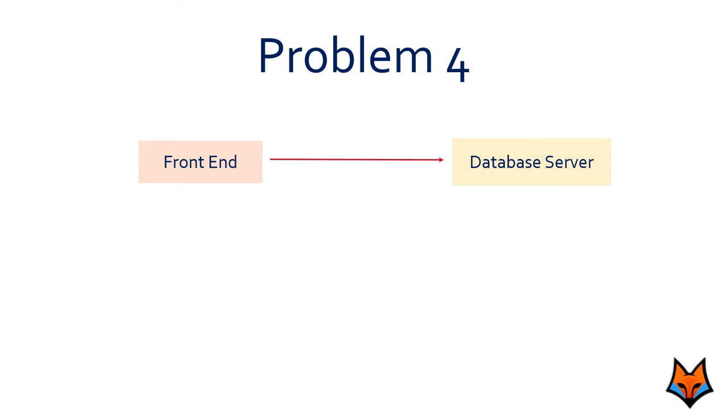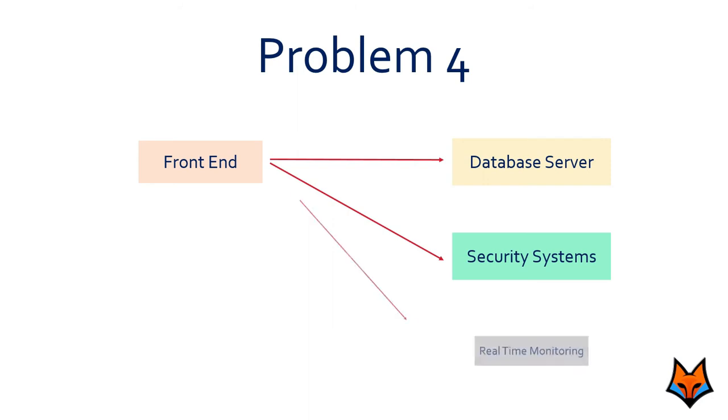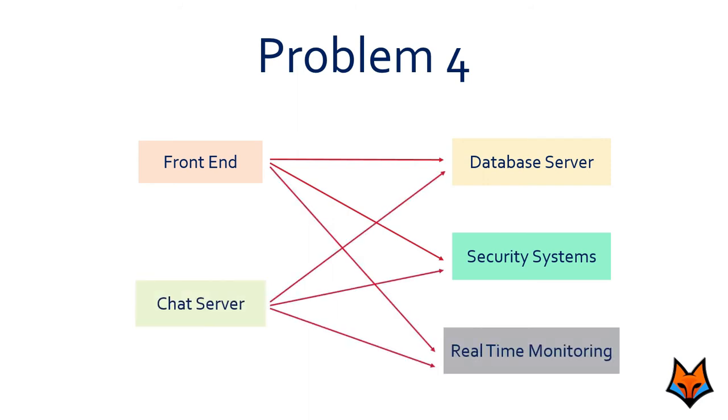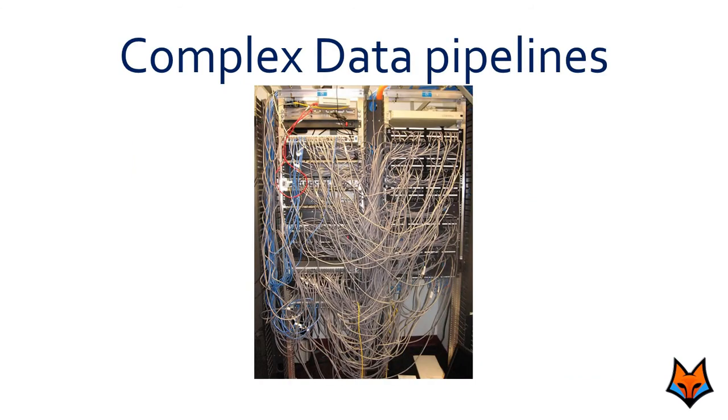In the near future, if we deploy more systems like a security system, a real-time monitoring system, and also chat servers, we can see that as the number of systems increases, so does the number of complex data pipelines. We will end up with a scenario in which we have many data pipelines, which creates complexity.